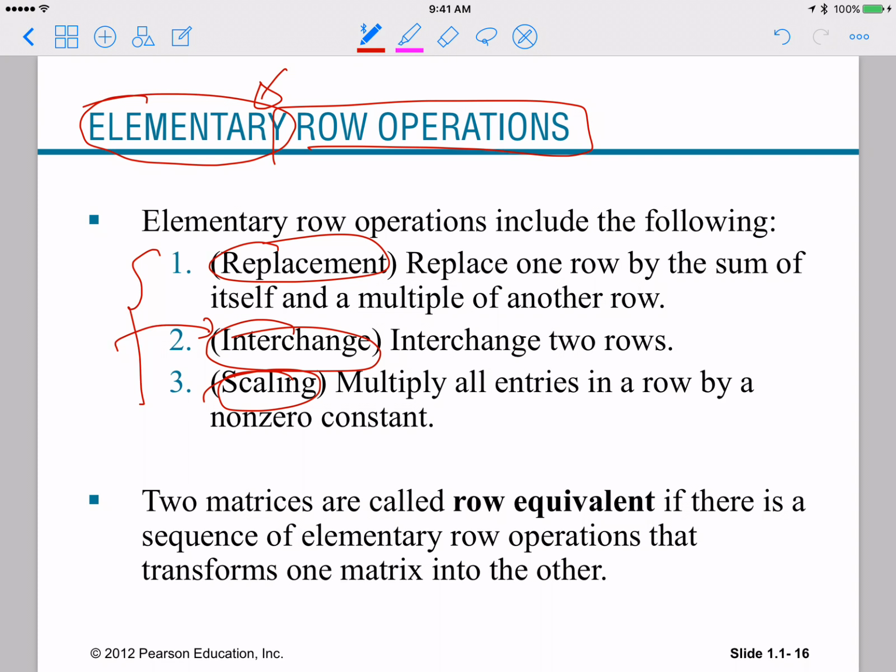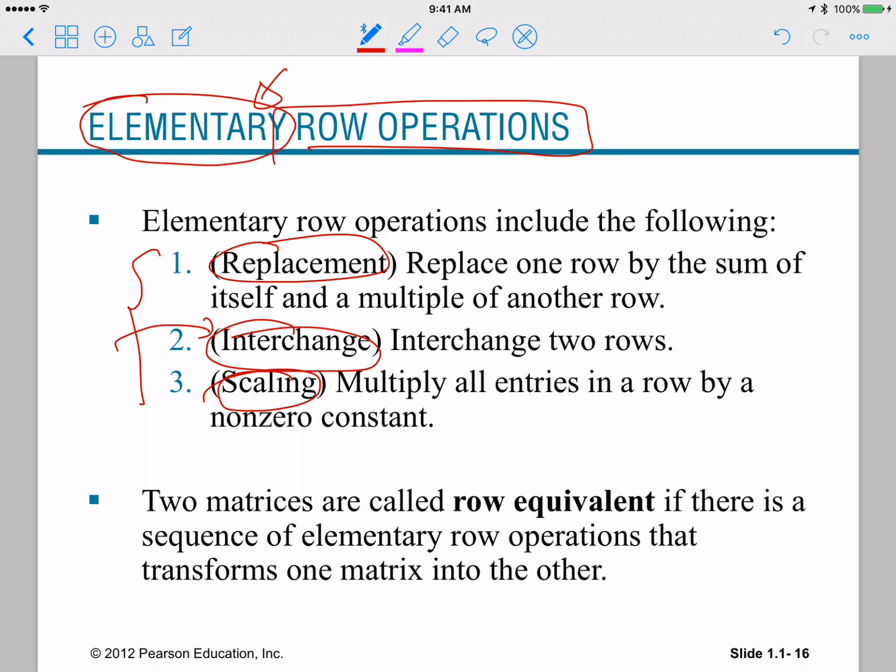And these three operations again don't change your solution, and the reason for doing a particular row operation among these three is to be able to solve for the values of our variables x1, x2, and x3. Okay. So in that sense, we didn't change the solution set.